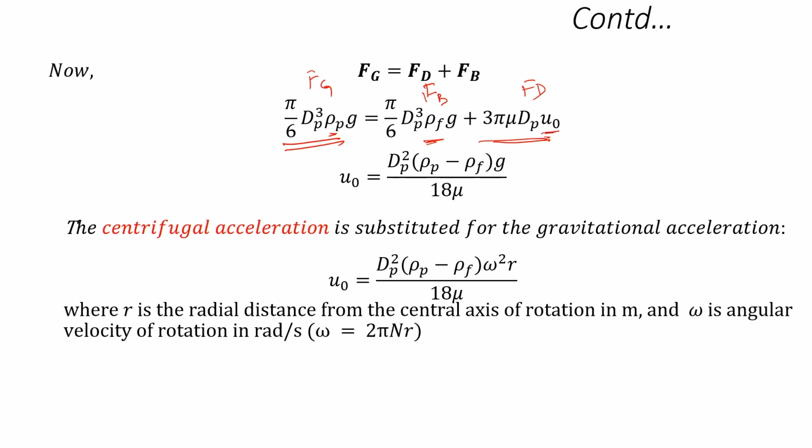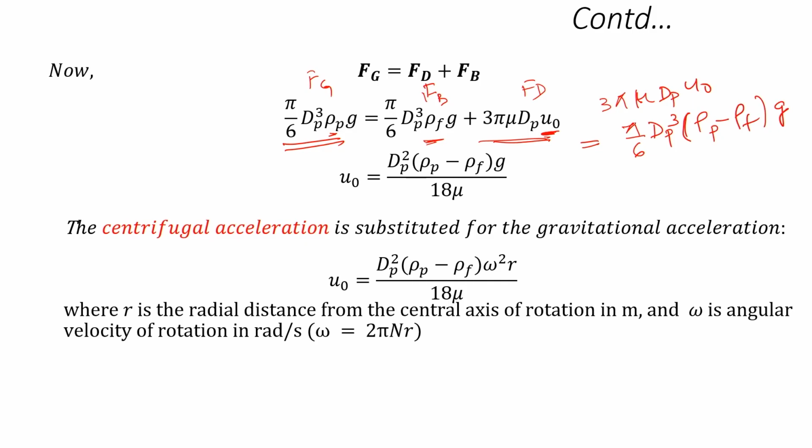If you rearrange it, 3 pi mu dp u naught equals pi by 6 dp cube, which is common in both cases, into rho p minus rho f into g.